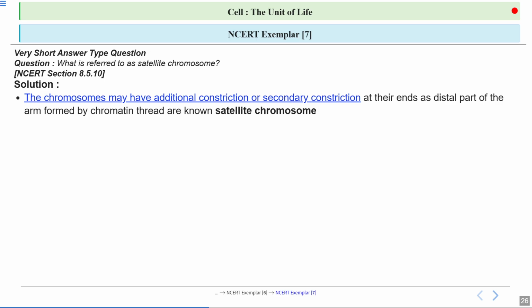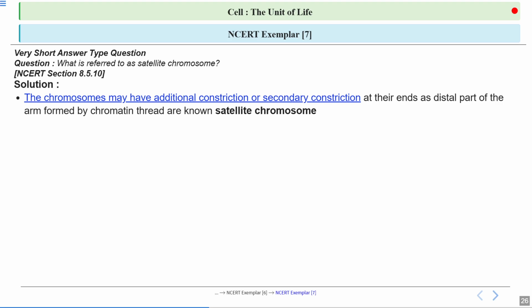The primary constriction is the place where the centromere is. But in some chromosomes there may be another, secondary constriction as well.